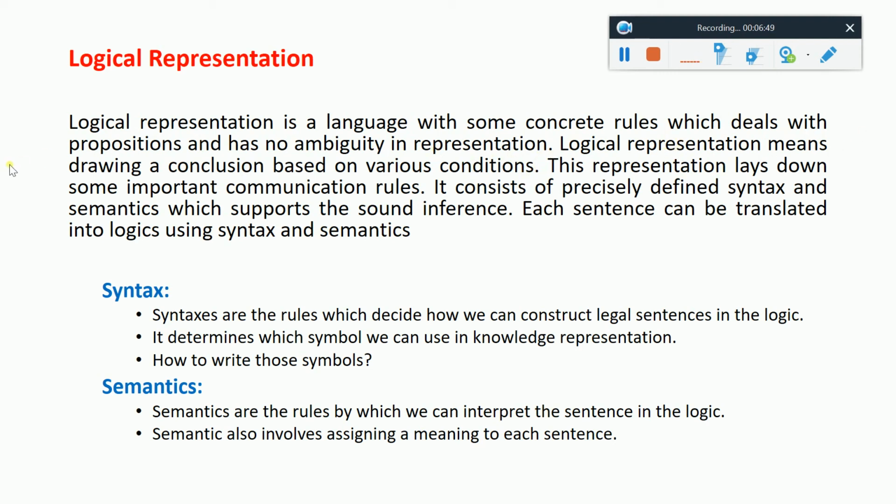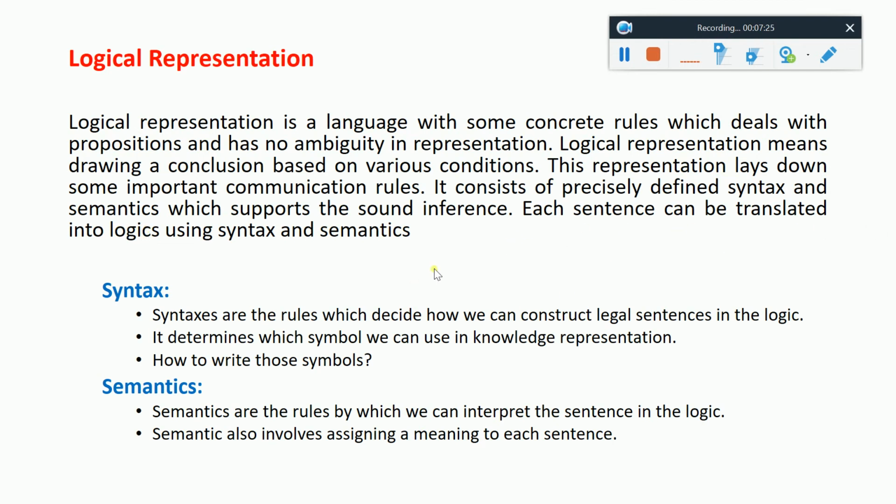So knowledge representation means drawing a conclusion based on various conditions. Means we do have a set of knowledge, and on the basis of that set of knowledge, we are able to deduce more knowledge. And the knowledge representation consists of precisely defined syntax and semantics, which supports sound inference. So this kind of inferencing or deducing would be done on the basis of these two terms, syntax and semantics.